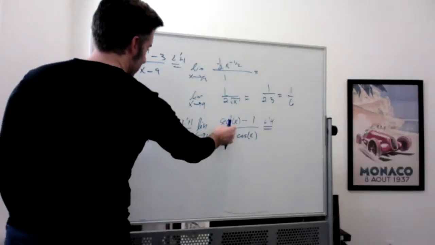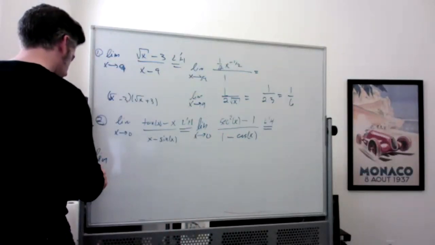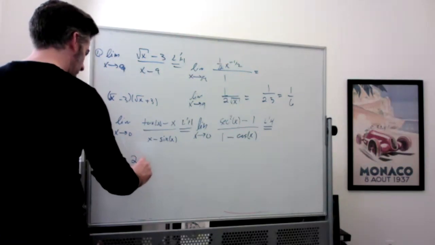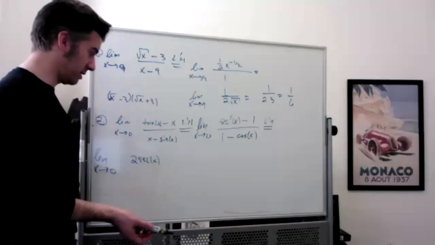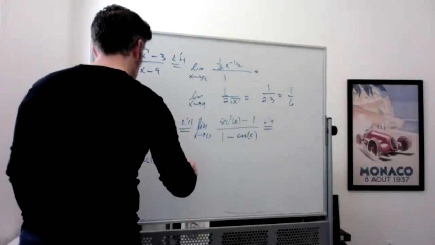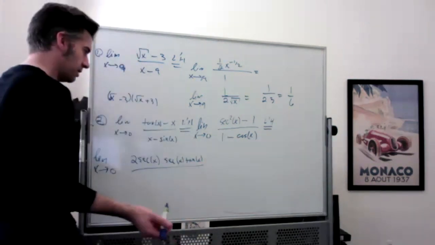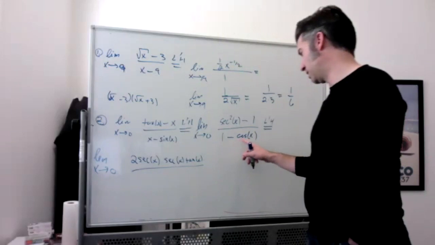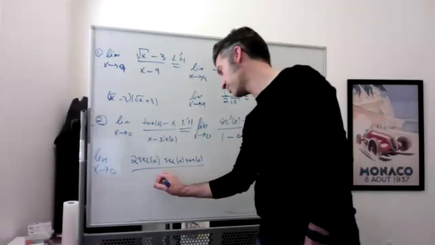The derivative of secant squared, or some stuff squared, is 2 times my stuff to the first power times the derivative of my stuff. And the derivative of secant of x is secant of x tangent of x. All over 1 minus cosine, the derivative is 0 plus sine of x.